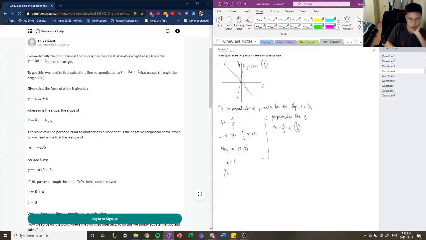So plug 2 into 1. We got negative 1 over 5x equals 5x plus 4. Okay, so we're going to solve for x.